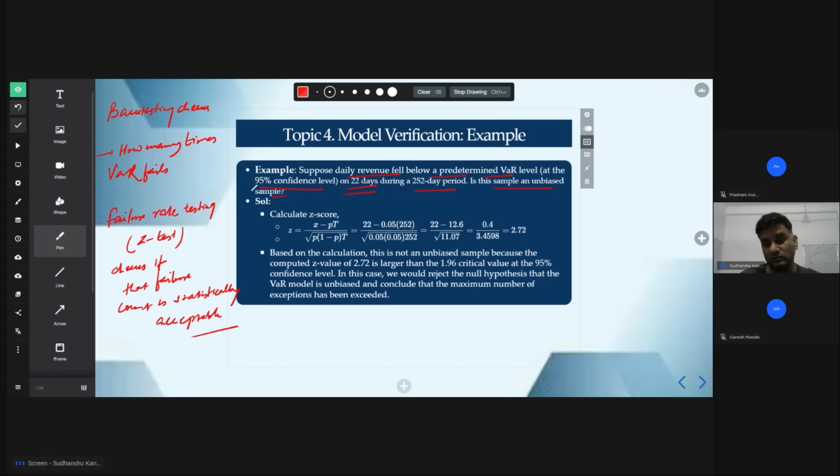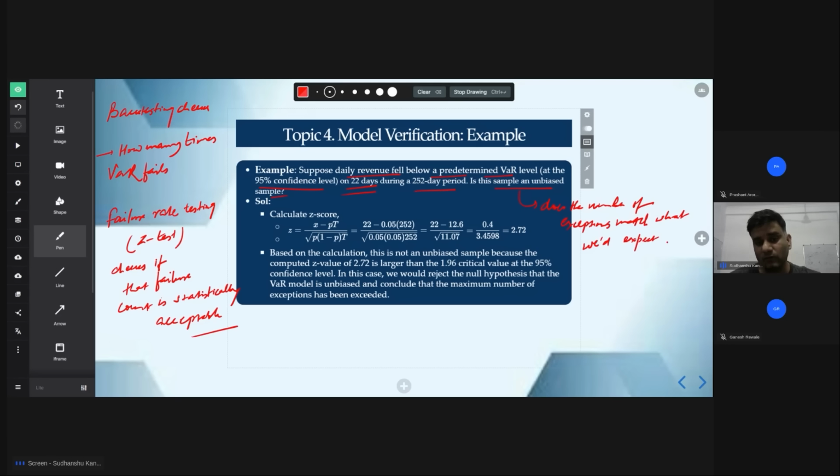When somebody asks you if the sample is unbiased, ultimately we want to understand whether the number of exceptions matches what we would expect.